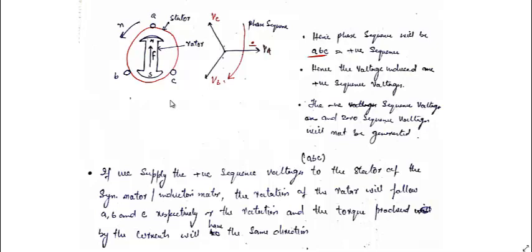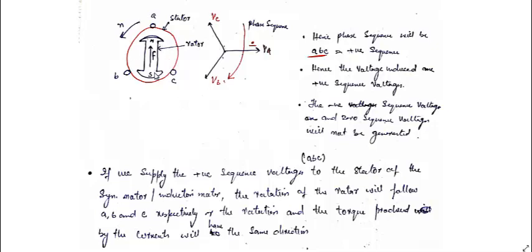The second thing is that zero sequence voltages are those voltages which are, let's say this is VA, VB, VC, all the voltages have the same value and are in phase. So here you can see that when this rotates, it is never possible that voltage A, voltage B, and voltage C will be in phase.